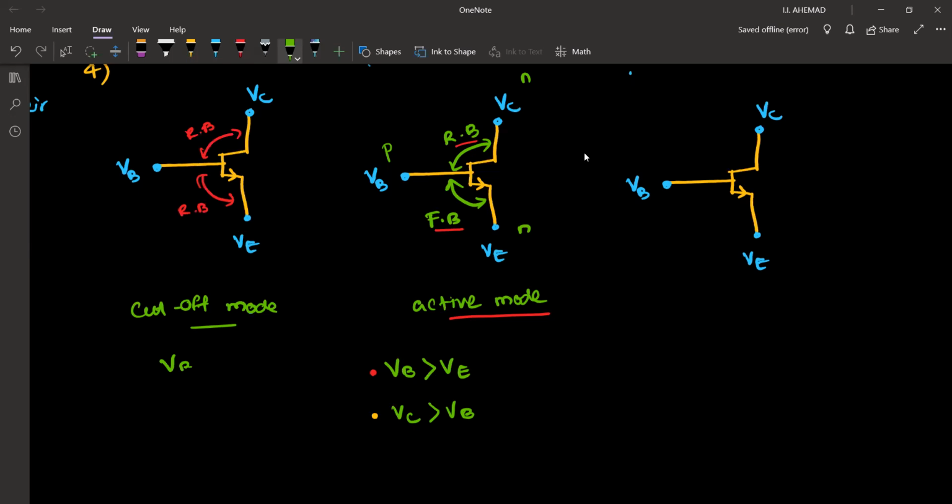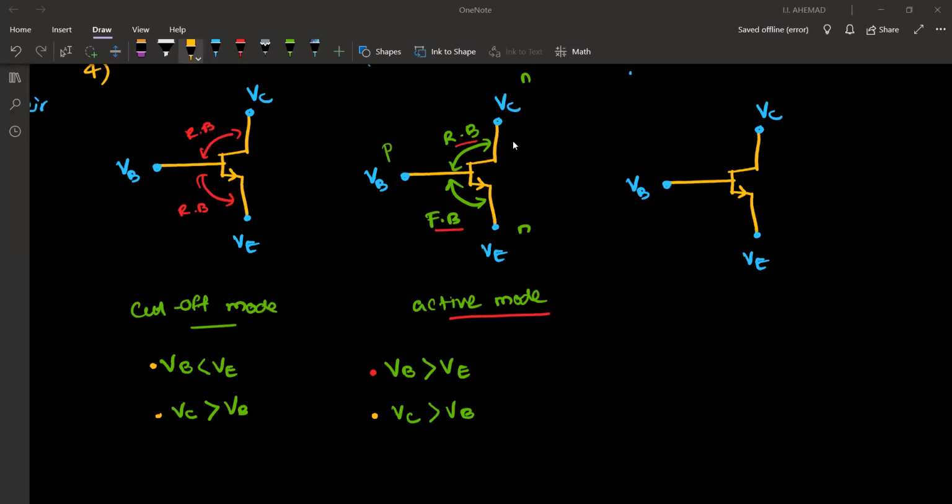So VB is less than VE and VC is greater than VB. Hope these 2 points are clear. Cutoff mode, is it clear? Did you get the idea for cutoff mode?